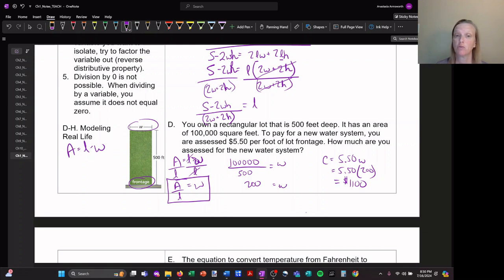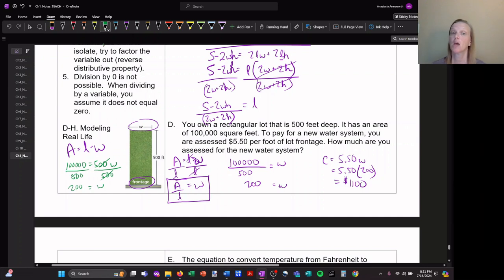Because what you can do is write down area is length times width, and then plug in the numbers you know into the original equation. The area is 100,000, the length is 500, and the width is what we're trying to figure out. So if we divide by 500, the width is 100,000 divided by 500. And we can do that calculation and still get the 200 answer.